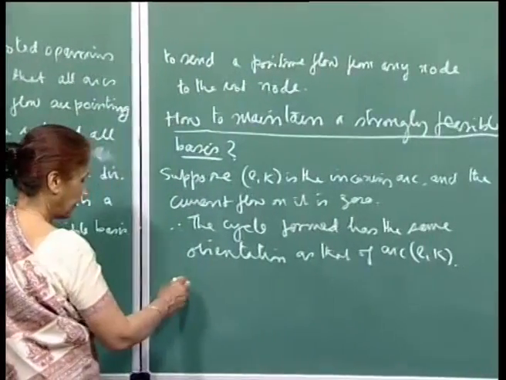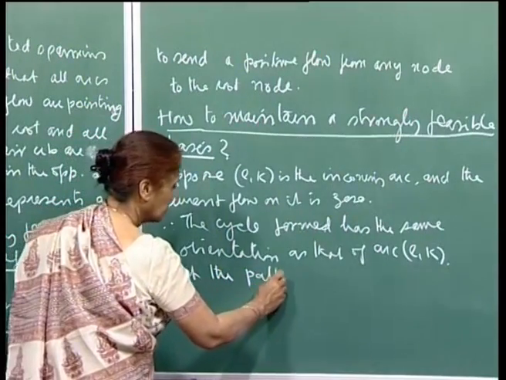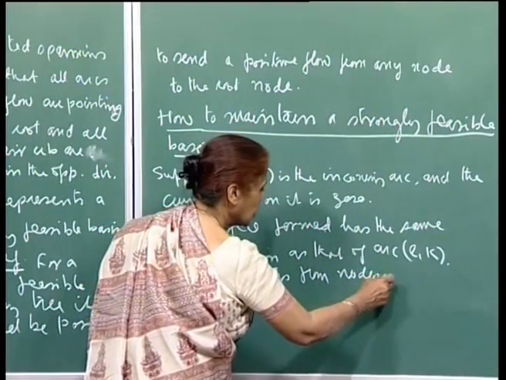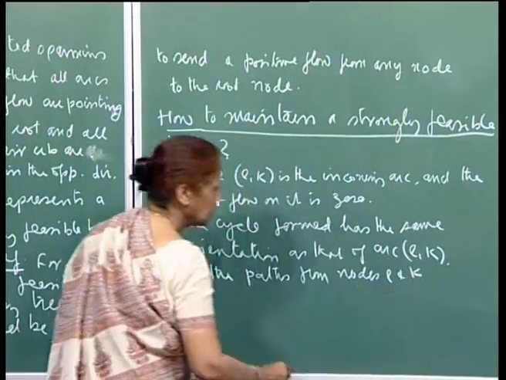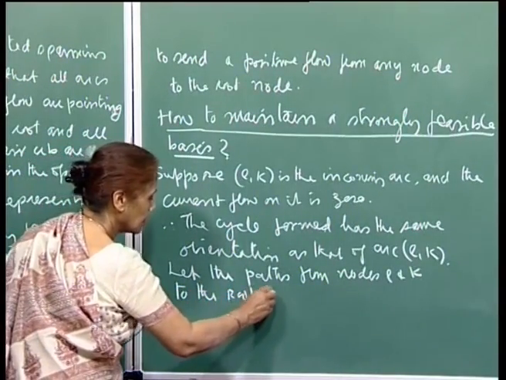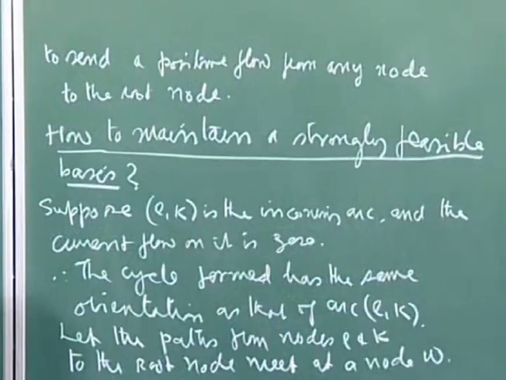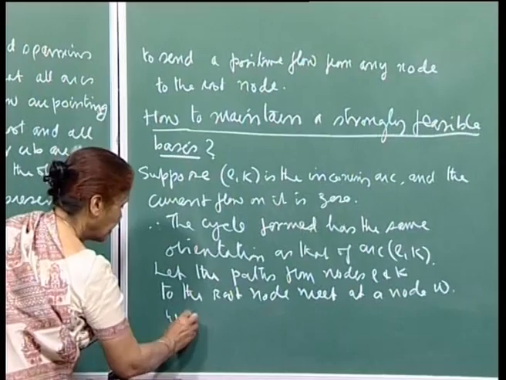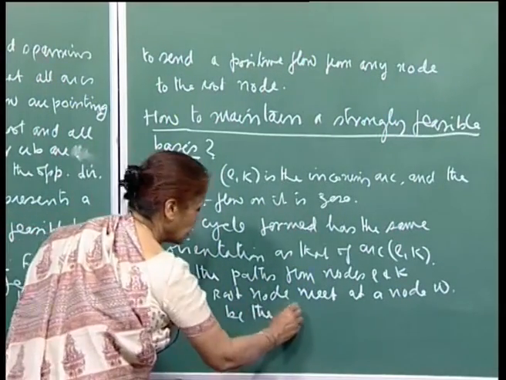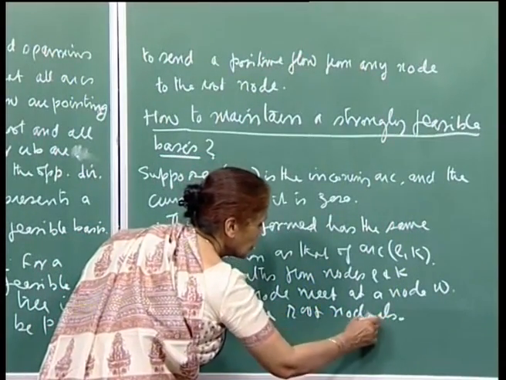Then let the paths from nodes L and K to the root node meet at a node W. W may be the root node also, right.